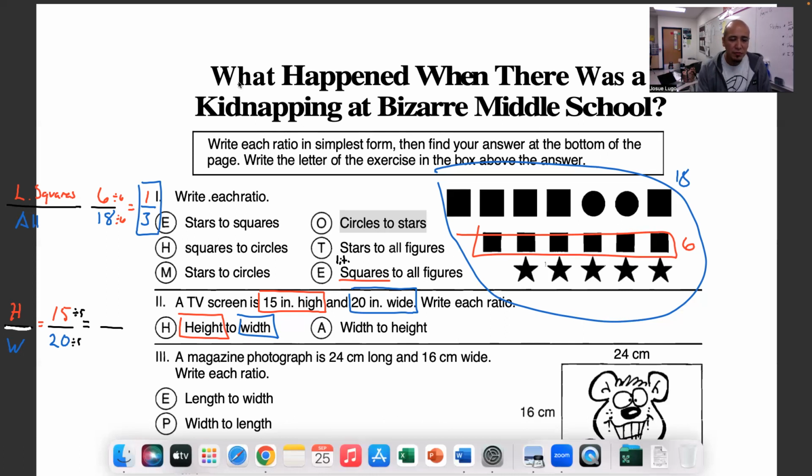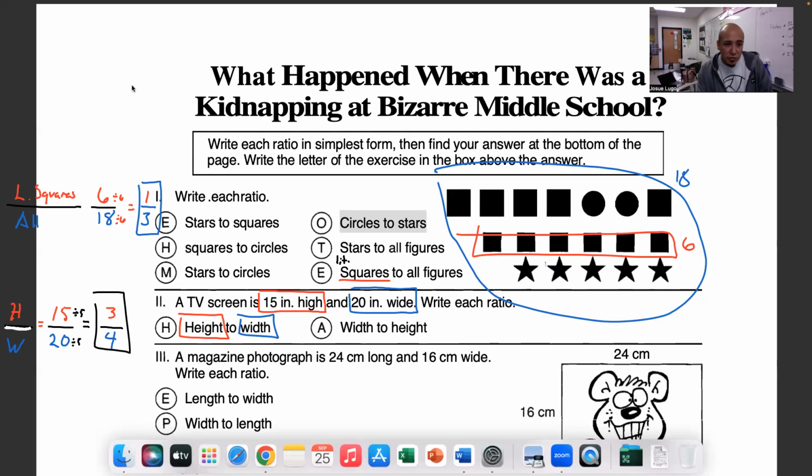So 15 divided by 5 is equal to 3. And 20 divided by 5 is equal to 4. So the ratio of the height to the width is 3/4. And yes, that would actually be my final answer, 3/4. That's what I would type in on Schoology. Or I would put 3:4.